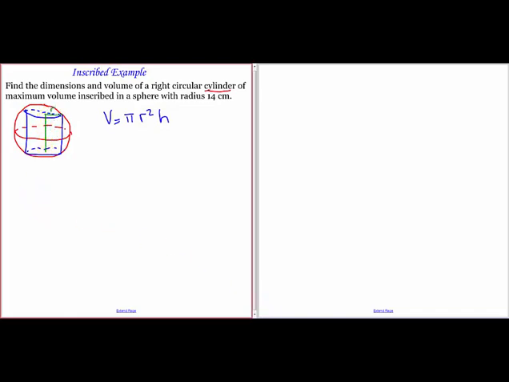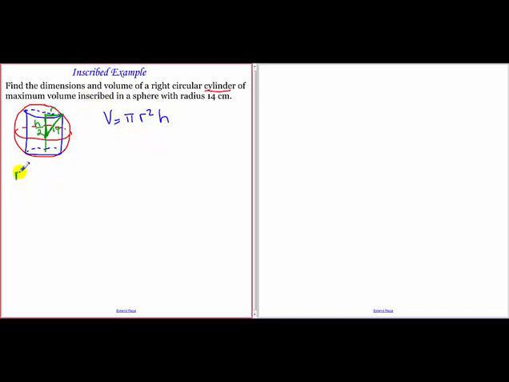The only thing that they give us is, from the center of our sphere, the radius of our sphere to be 14. So we have a right triangle here. So that is half of our height. The reason I need that is I need this volume equation in one variable.